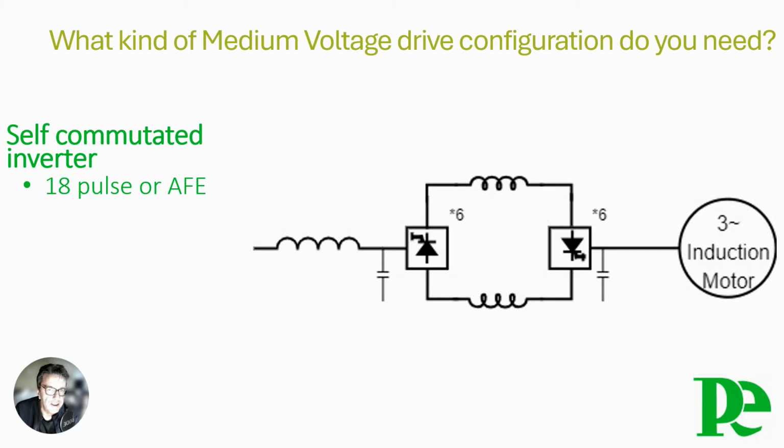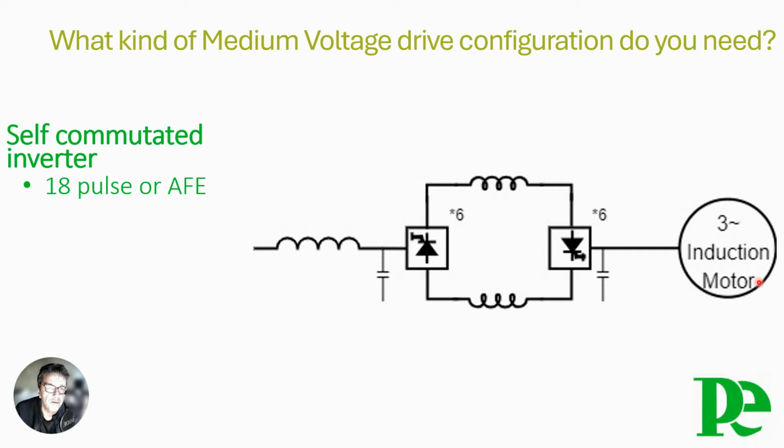The DC link uses inductors to regulate the current ripple and to store energy for the motor. The SGCTs in the inverter section are turned on and off to create a pulse width modulated output.